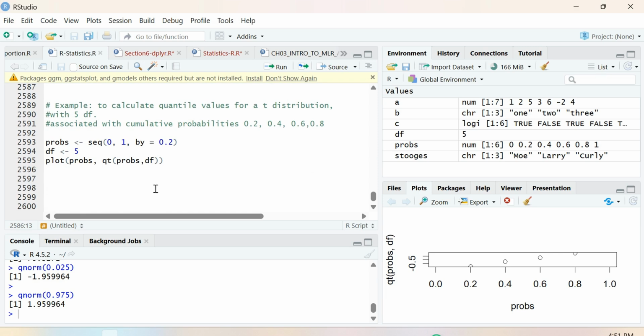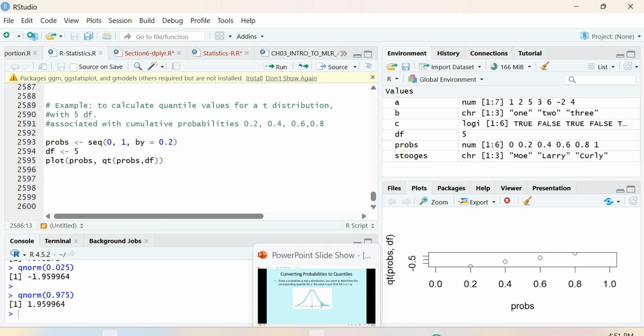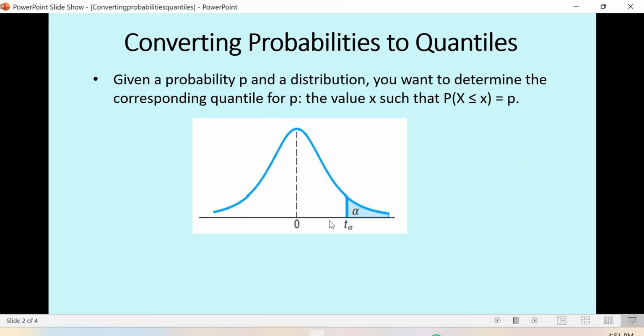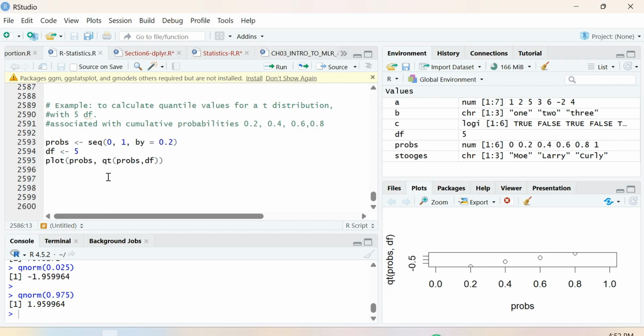Next we show the example for the t-distribution. The t-distribution is quite similar to the normal distribution, just with a slightly flatter shape and a longer tail on both sides. It is also symmetric in its probability density curve. For the t-distribution, for example, we want to calculate the quantile values associated with a series of cumulative probability values.